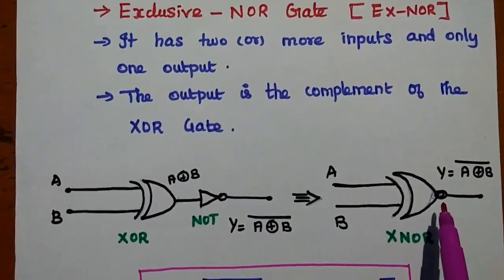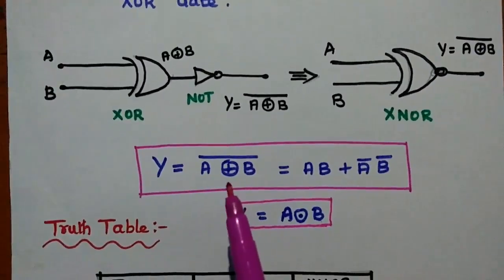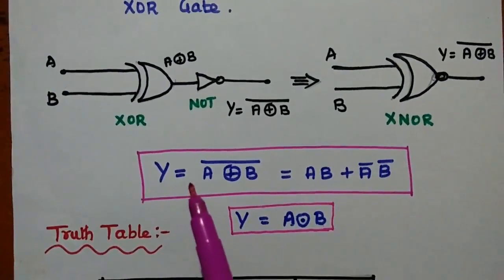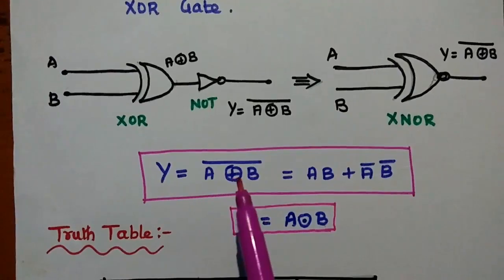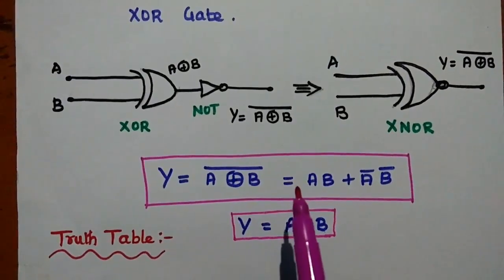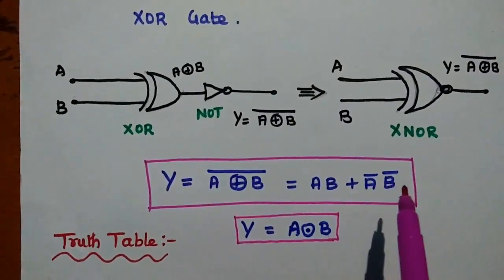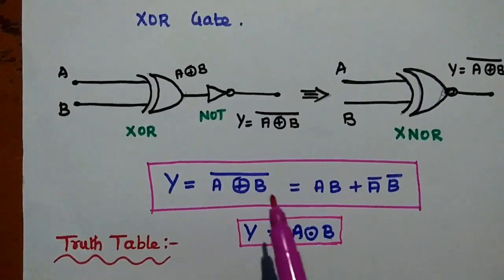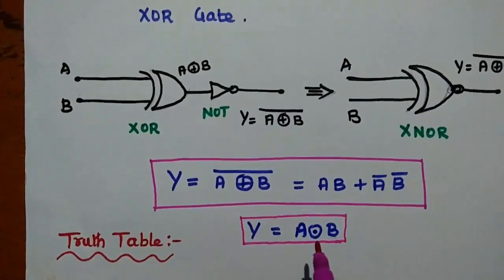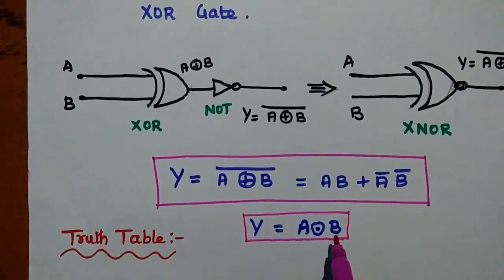This bubble represents the complement. So the operation of the XNOR gate is given like this. Y is equal to A XOR B, the whole complement, the whole bar. That is equal to A into B plus A bar into B bar. The XNOR operation is simply represented as A XNOR B.